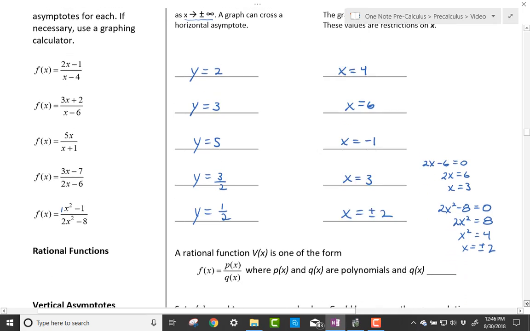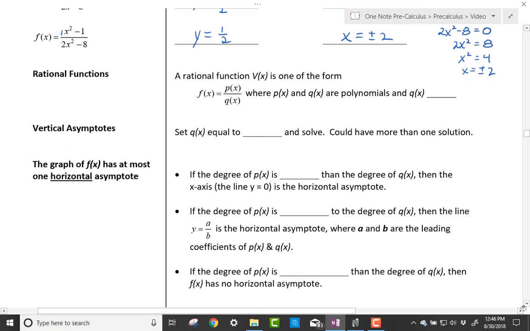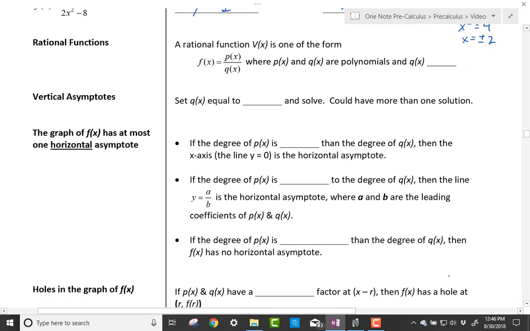All right? So, going back to the definition of a rational function, it is in the form of f of x equals p of x over q of x, where p of x and q of x are polynomials, and q of x cannot equal 0. That's the big thing. We want to make sure that our polynomial in the denominator never equals 0.